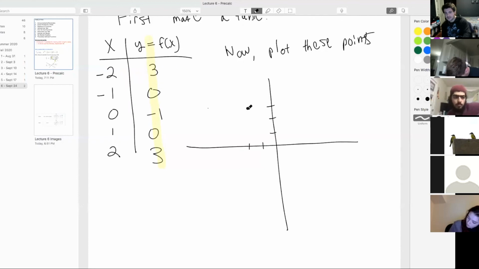It's going to be around there. -1, 0 will be right here. 0, -1 will be right there. And then we have 1, 0 and 2, 3. Something like that. Then you just connect your dots with some sort of smooth looking curve like that.